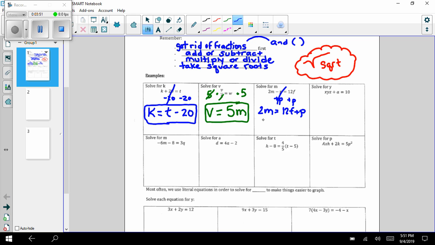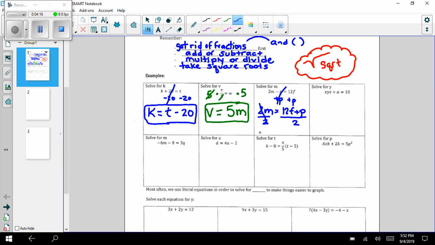Again, I read it to myself and it says 2 times m. M is not all by itself. It's being multiplied by 2. The inverse operation of multiply by 2 is divide by 2. That side cancels. What I do to one side of the equal sign, I have to do to the other. This is very important. Since I'm dividing by 2, I have to divide everything on this side of the equation by 2.